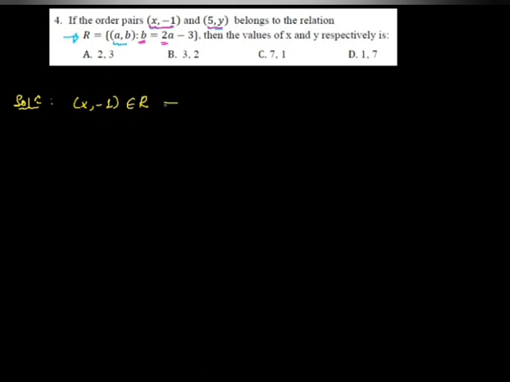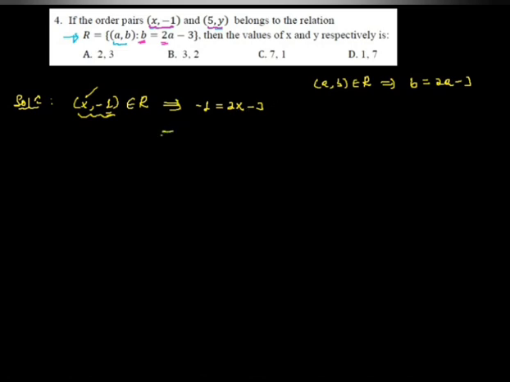This means the second entry, -1, should be 2 times the first entry x minus 3, because to be a member of R, the second entry B should be 2 times the first entry minus 3. So -1 should be 2 times x minus 3.